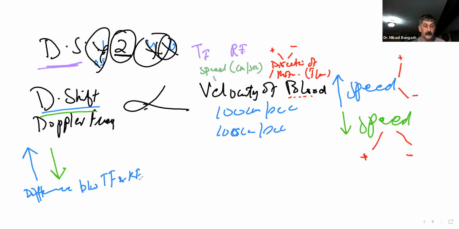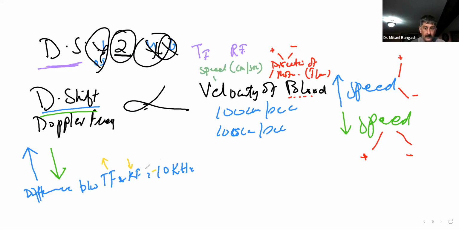Let's say the difference between these two frequencies was, let's say, in kilohertz. It's all dependent upon which one was greater and which one was lesser.